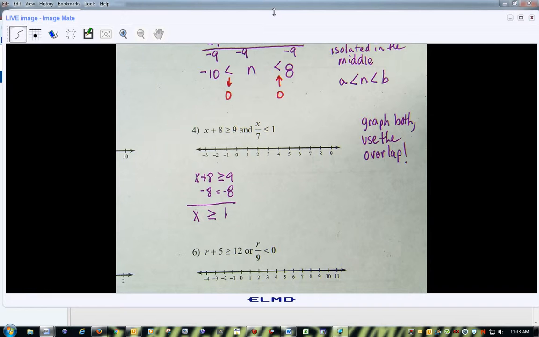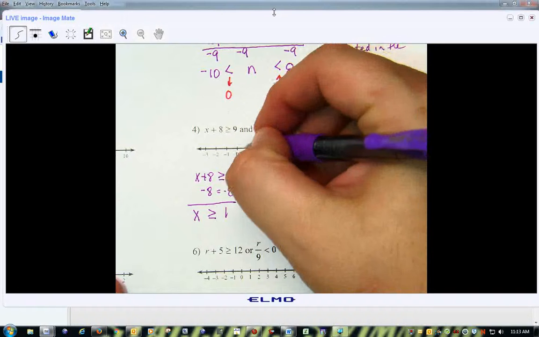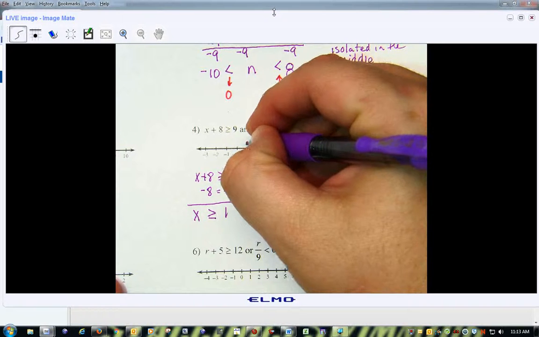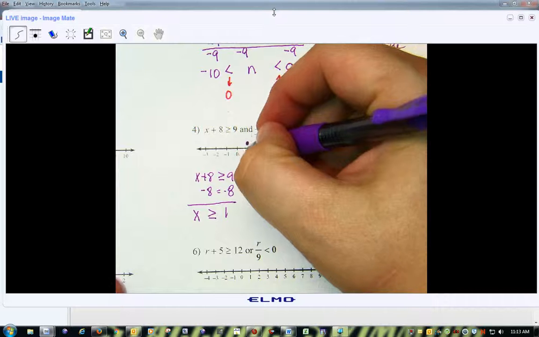So I'm going to go to 1. And I'm actually going to graph just above the graph in this case. It's a closed dot, and I want greater than, so I'm going to go this way.